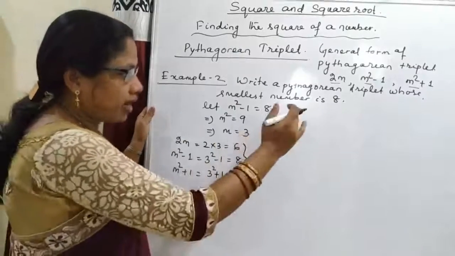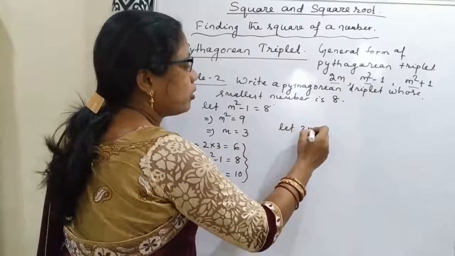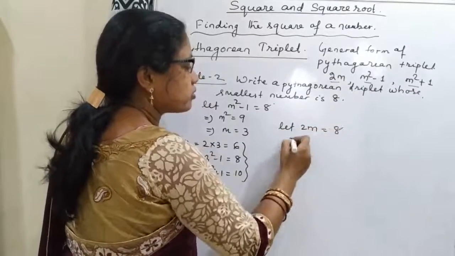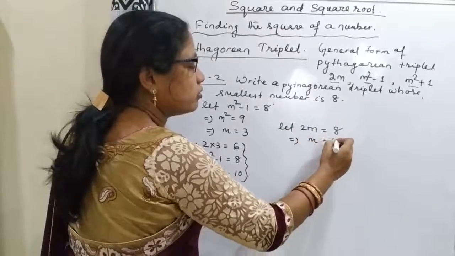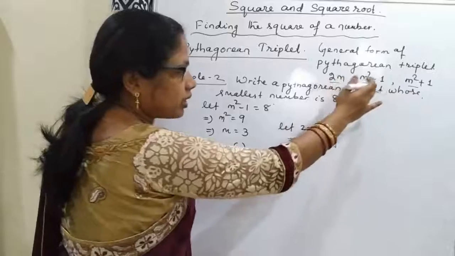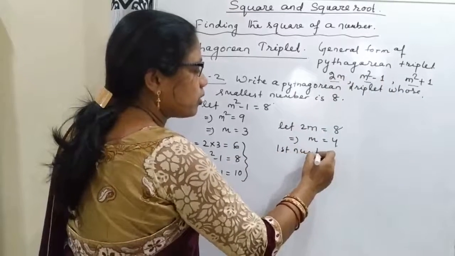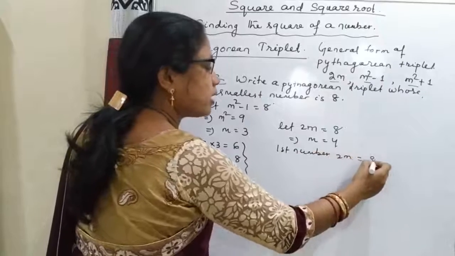So we will try 8 for 2m. Let 2m be equal to 8. This implies m is equal to 4. Then we can find the first number, second number and third number. First number is 2m, that is 8.